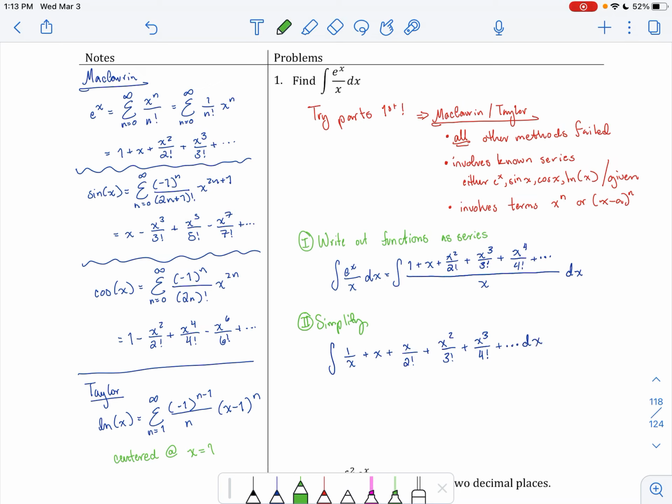Now, because it's now a nice polynomial, then you just want to solve. So in this case, you're going to integrate for this problem, but you could also keep differentiating if it's a differentiable problem.